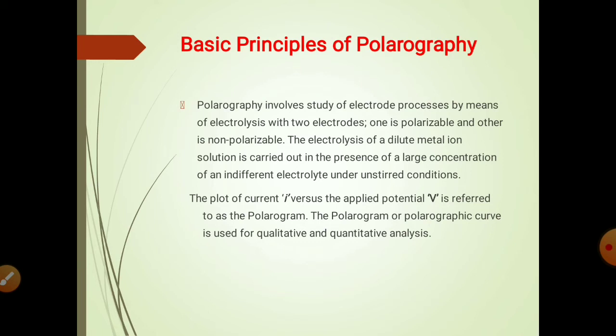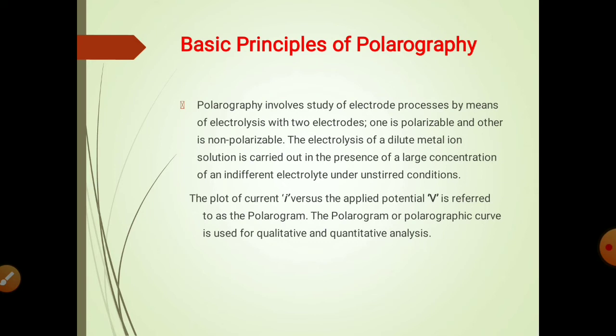The electrolysis of a dilute metal ion solution is carried out in presence of a large concentration of an indifferent electrolyte under unstirred condition. The plot of current I versus applied potential V is referred to as a polarogram. The polarogram or polarographic curve is used for qualitative and quantitative analysis.